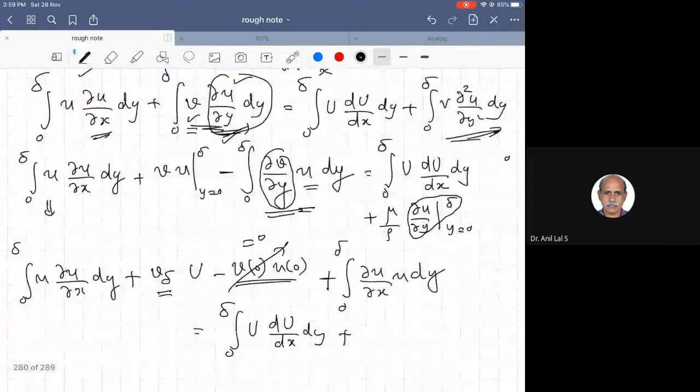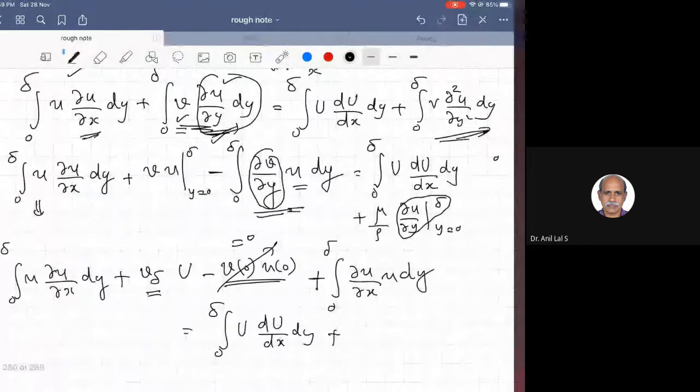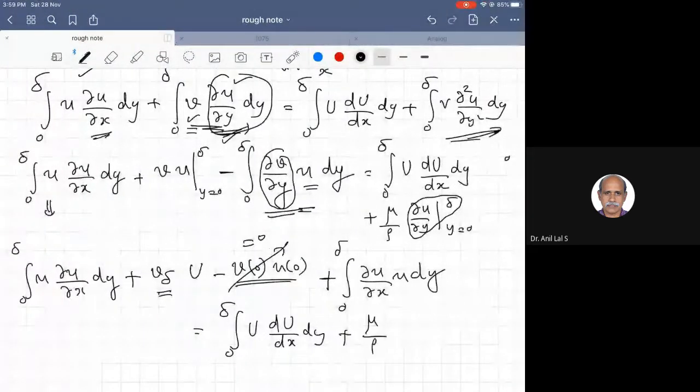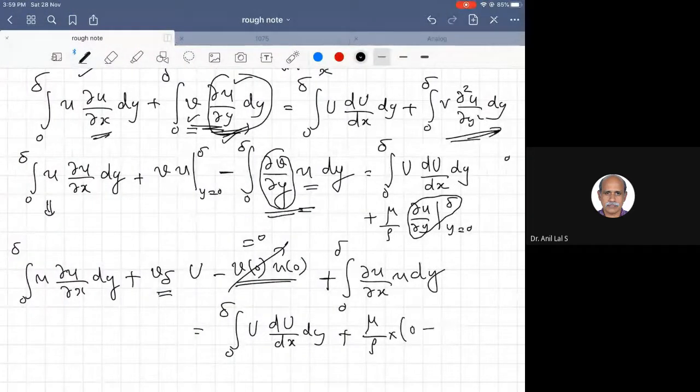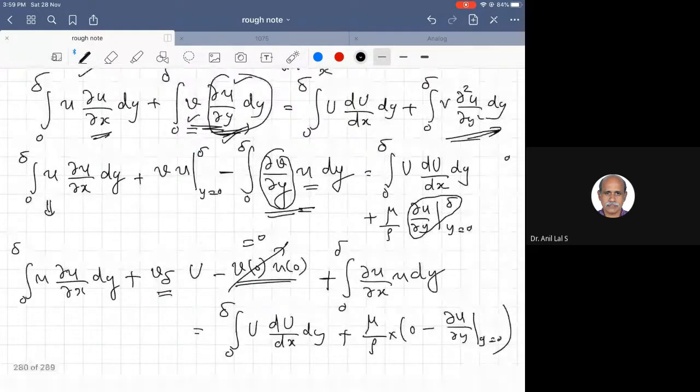So we can take the upper limit, mu by rho into 0, minus the lower limit, dou u by dou y at y equal to 0.